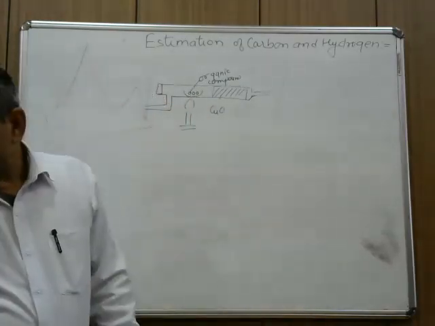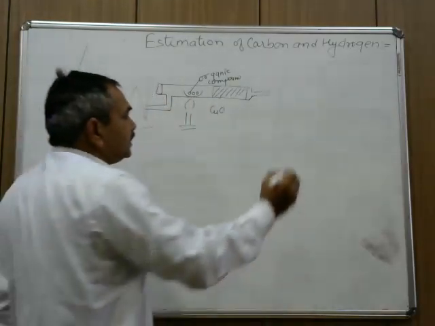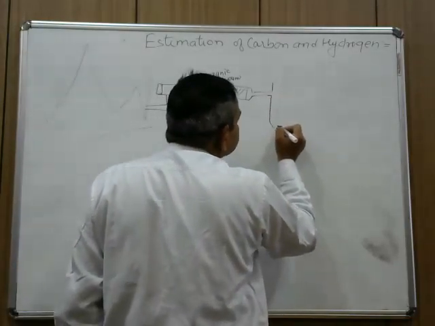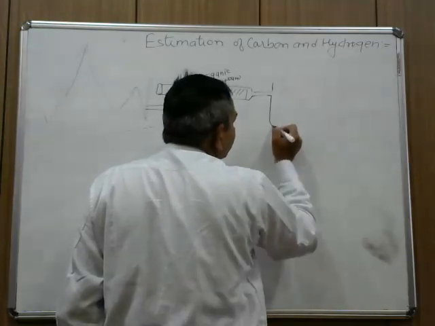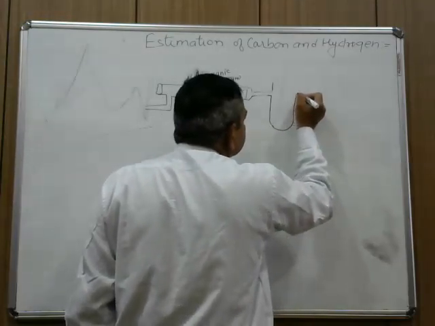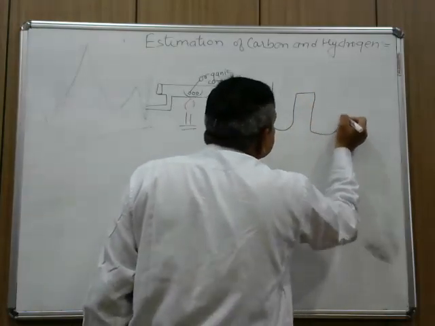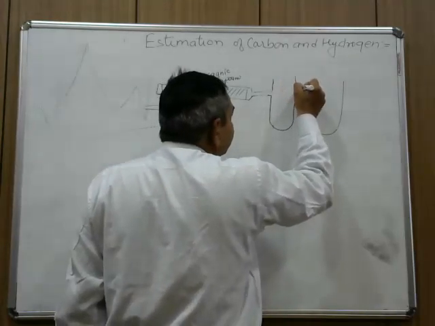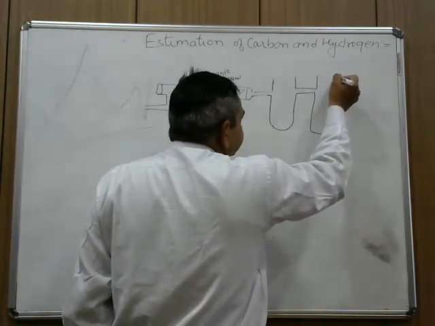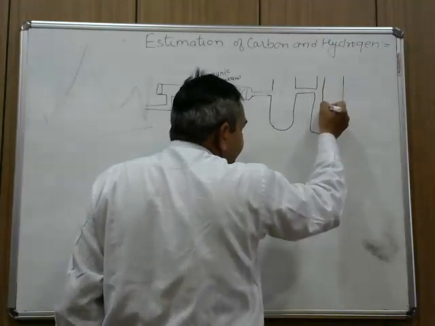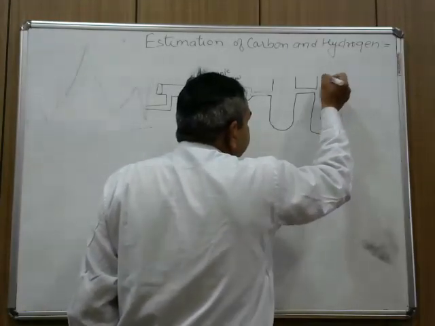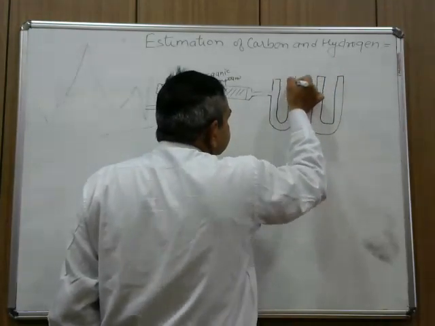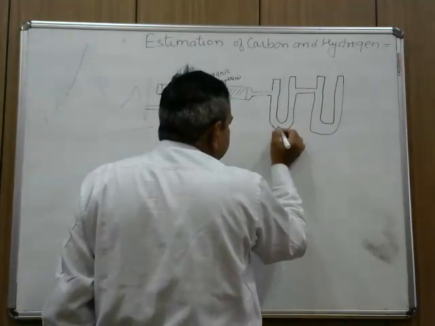Then the vapors that are passed from here are allowed to pass through two U-shaped tubes.